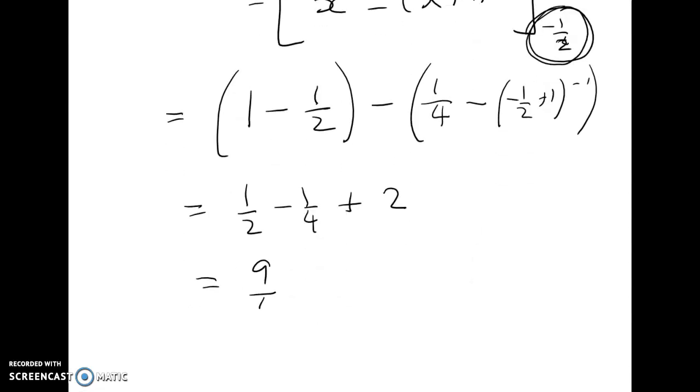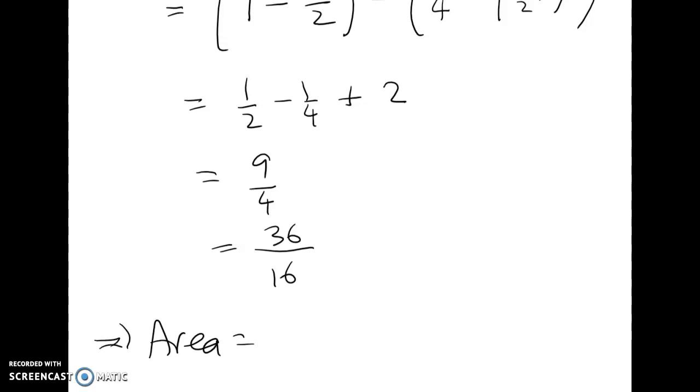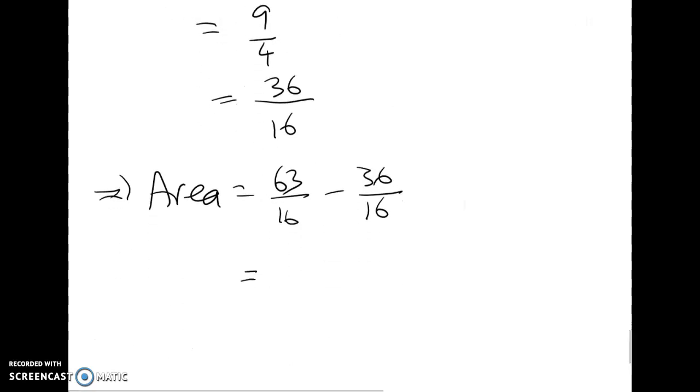So that equals 9 over 4. Turning that into something over 16, I get 36 over 16. Therefore, the total area is equal to 63 over 16 minus 36 over 16, which is 27 over 16, just as it was 3 or 4 minutes ago.